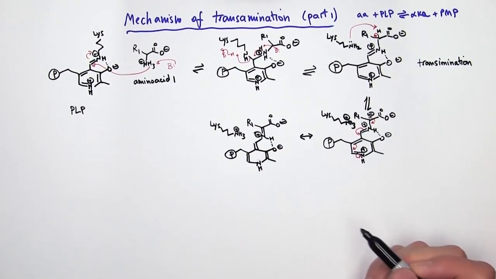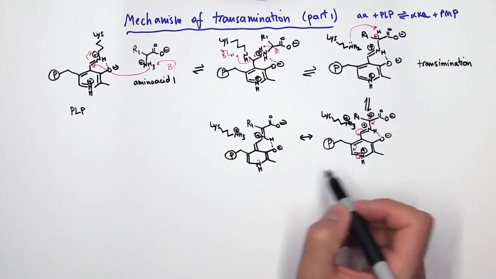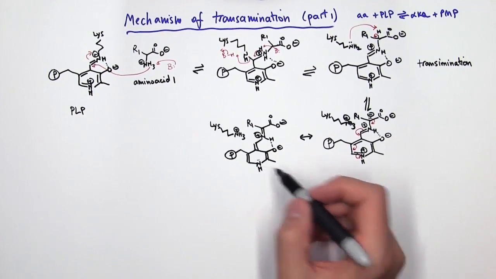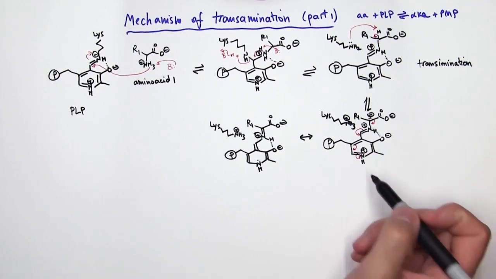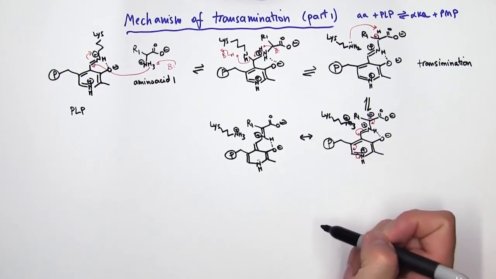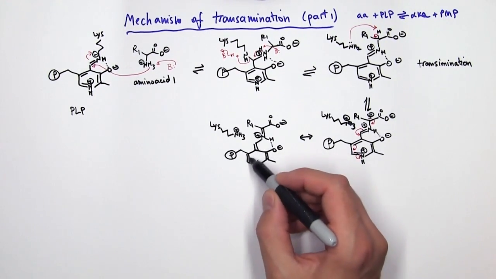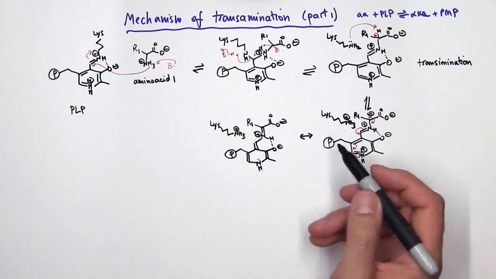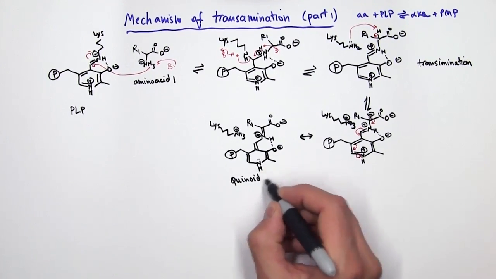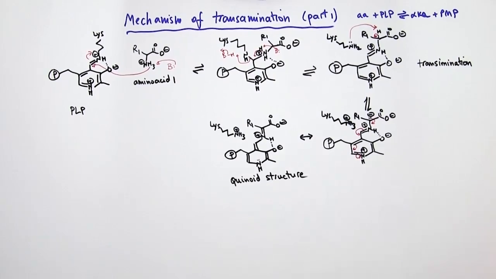Notice in this structure, the positive charge on the pyridine nitrogen is now gone and highlights the fact that this is a good electron sink. And the ring now looks more like a quinone. That's why we call this a quinoid structure or intermediate.